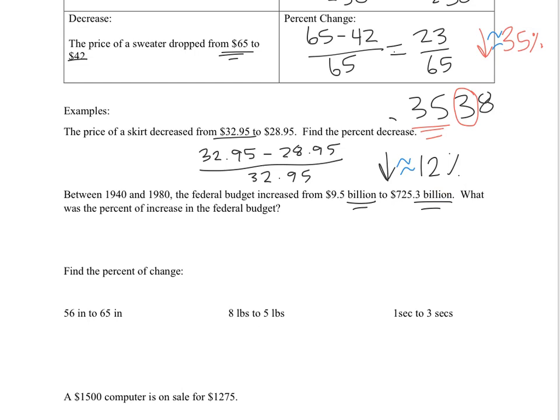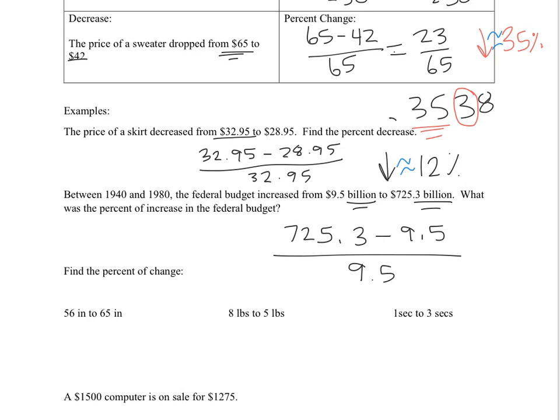But since we're both talking about billions, it's fine. So it's 725.3 minus 9.5 divided by the original, which is 9.5. This is going to be a big increase, definitely over 100%. So don't let that confuse you.